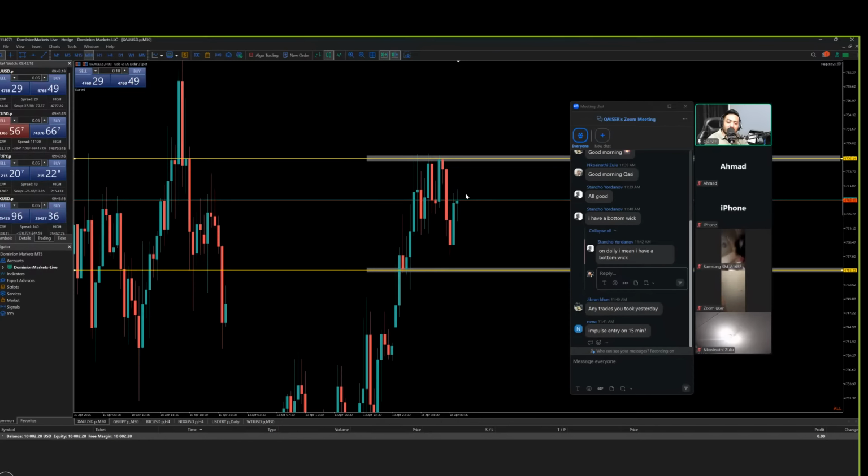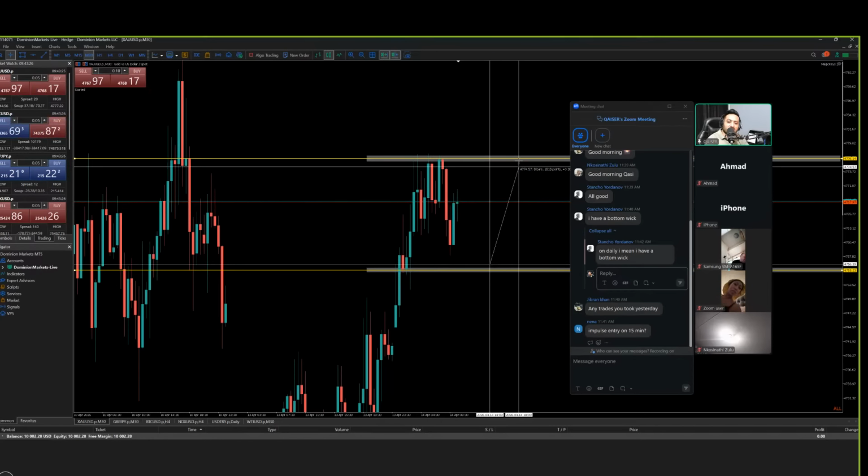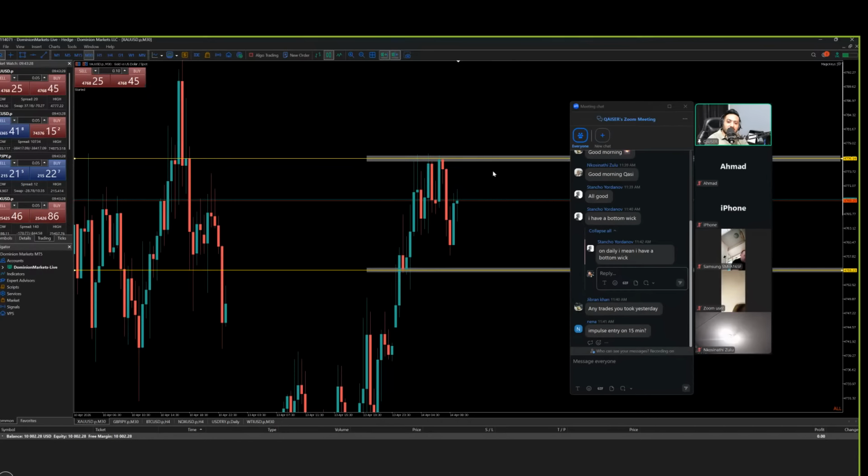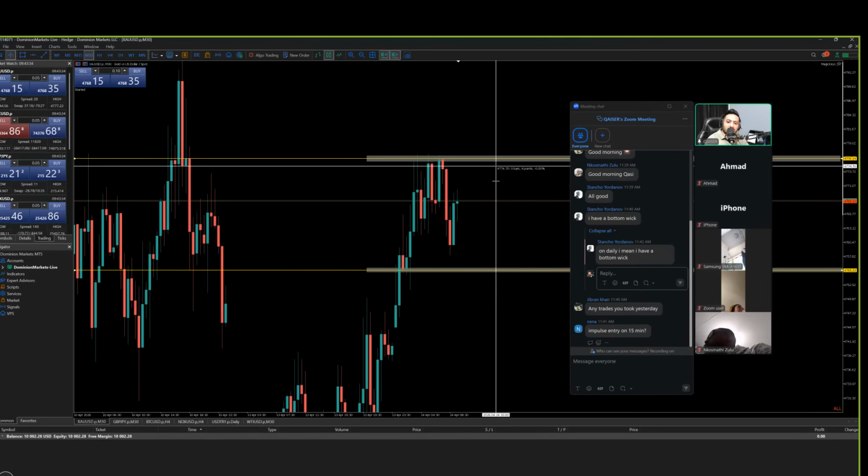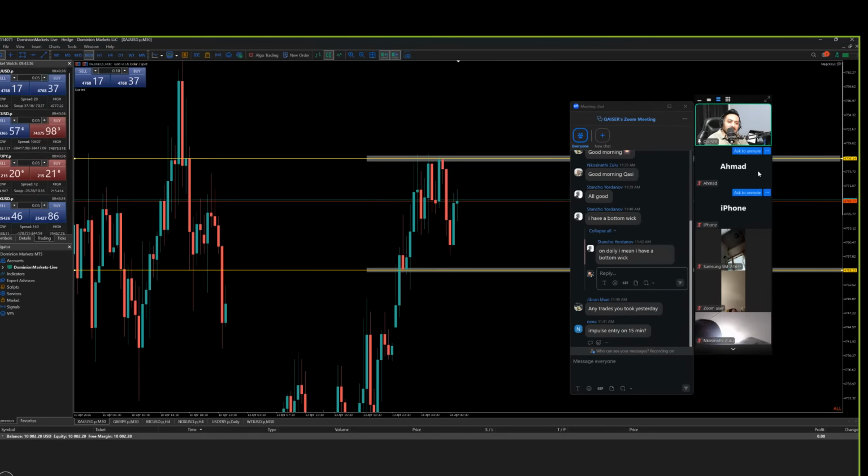Right now we are sitting in the middle of the range, so no trade here. If it comes down and creates support, it makes sense to take a buy to retest the low, retest the high. Or if it creates resistance here, with a candle closing in my favor in a bearish form, it makes sense to take a sell. And a break and close above this resistance also makes sense to take a buy.